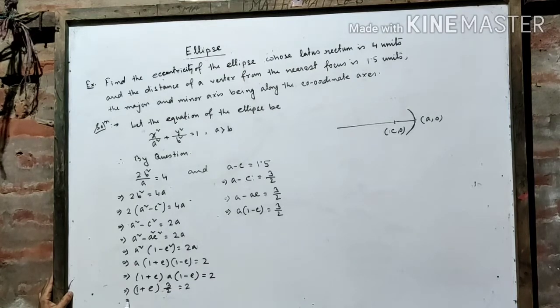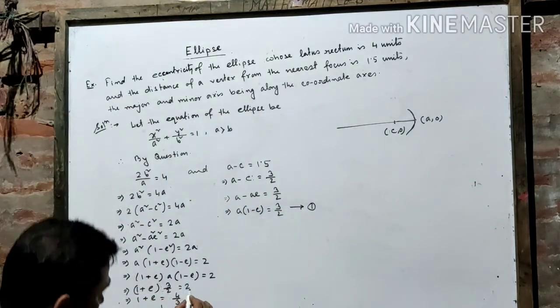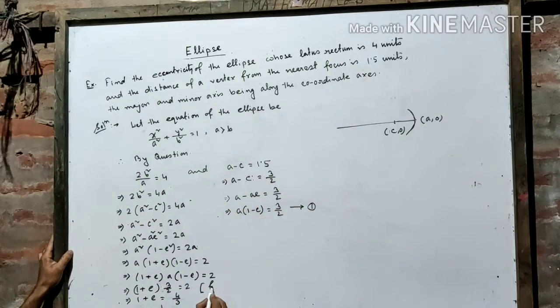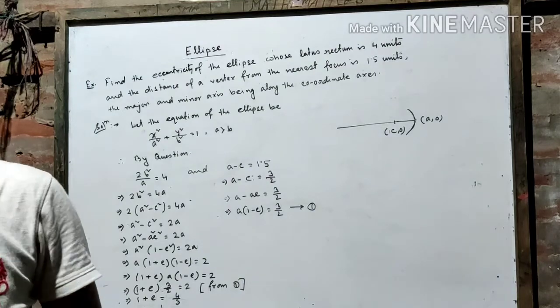This implies 1 plus e is equal to 4 by 3. So e is equal to 4 by 3 minus 1, that is 1 by 3. Thus we find the eccentricity as 1 by 3. Thus we find the eccentricity of the ellipse.